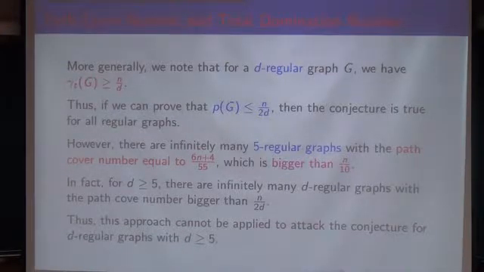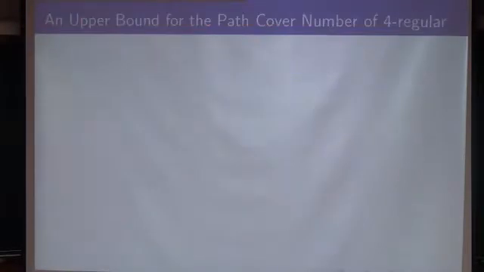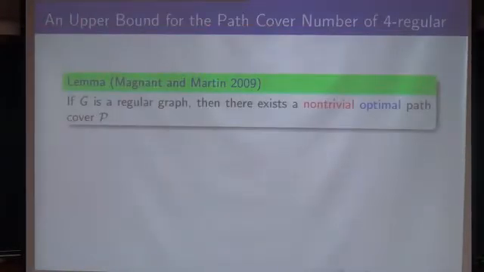But however, we are still working, and d is equal to 4. So we did it. Let me give you a sketch of the proof. Well, actually, just the first part of the proof. Just a couple of years ago, Megan and Martin showed that if G is regular, then there exists a non-trivial optimal path cover. Non-trivial means each path in the cover has at least 2 vertices.